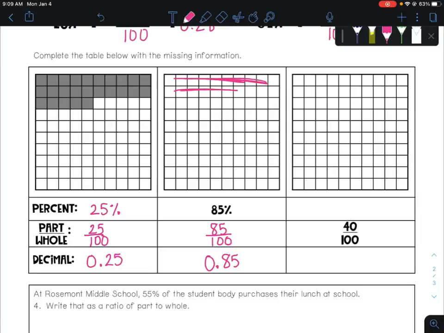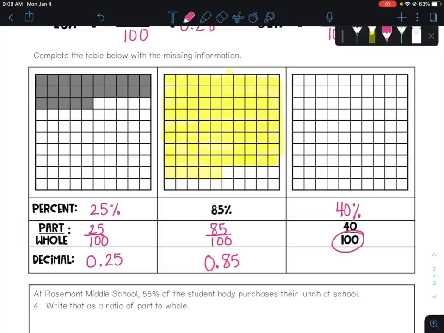Okay, so I have to fill out 85 squares. So 1, 2, 3, 4, 5, 6, 7, 8, and then 5 more. 85. Okay, and then for the last one over here, it says 40 over 100. So 40 out of 100 is 40%.